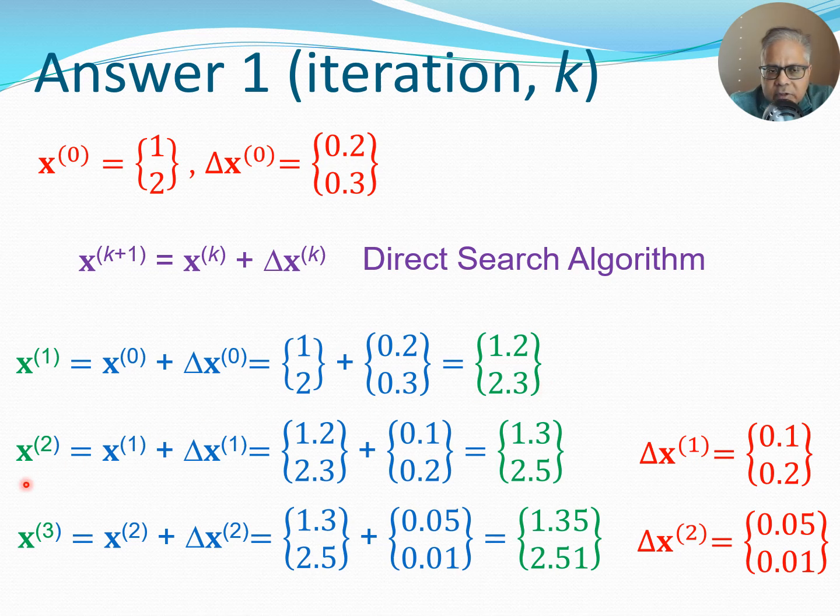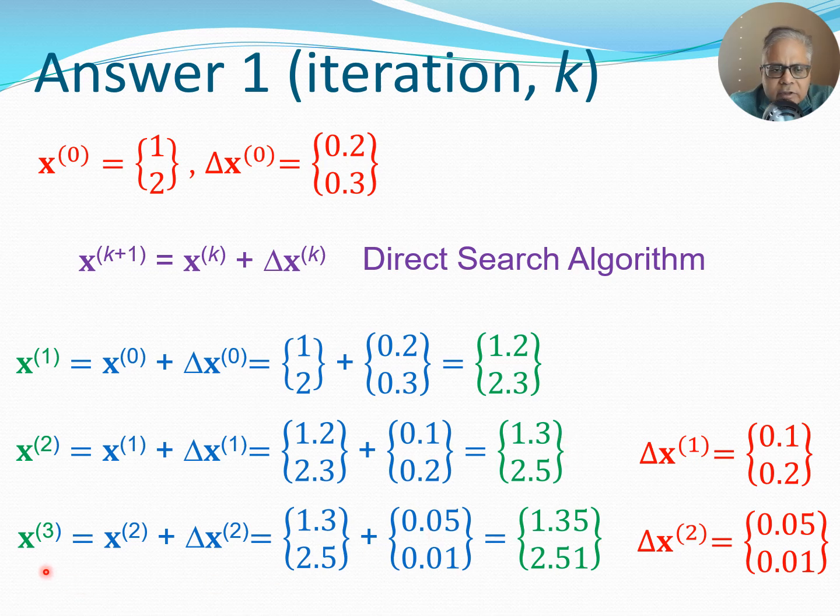Now I continue this process, so I take x2 is x1 plus delta x1 and I add x1 which has been obtained in the previous problem, and I add delta x1 which has been given in the question before, and so I get the solution 1.3 and 2.5.